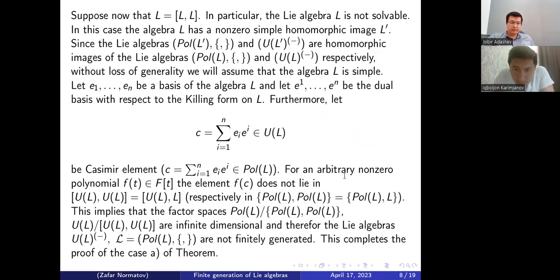For an arbitrary non-zero polynomial, this element f of c doesn't lie in this bracket, U(L). But our problem is the following: if you fix another basis, you will take another Casimir element. Yeah, or the same.